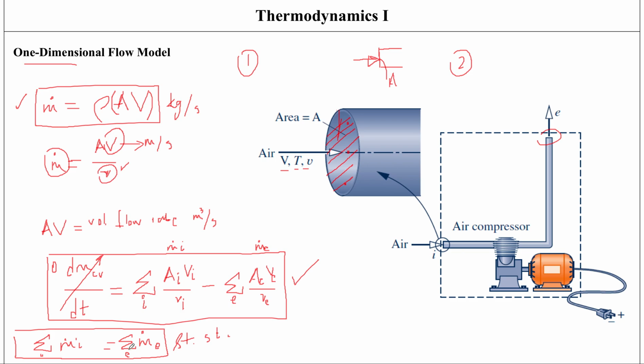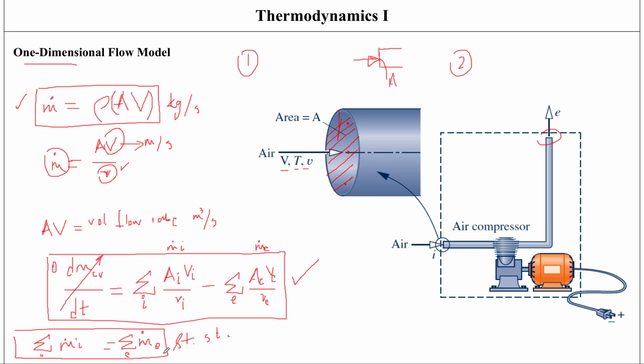This is the second assumption: if no properties are changing in time, then the total amount present at any instant within the control volume has to remain constant. So this term goes out and m_i dot becomes equal to m_e dot.